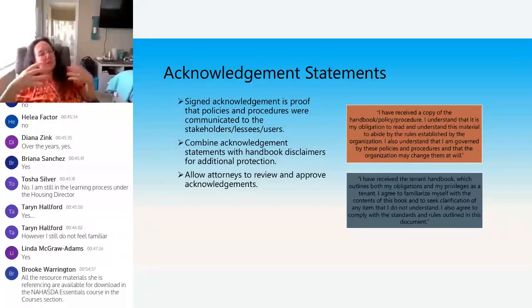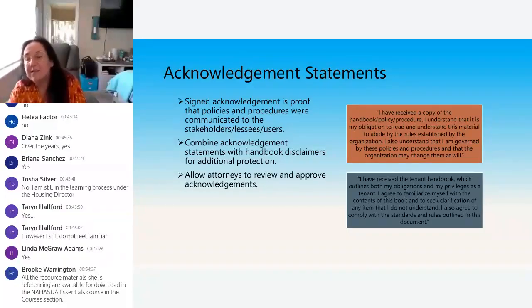Then if there's a breach in the policy, it's pretty easy to say, you signed this on January 6th of 2025. It says that you were going to find out if you didn't understand. So this one reads, I've received the tenant handbook, which outlines both my obligations and my privileges as a tenant.